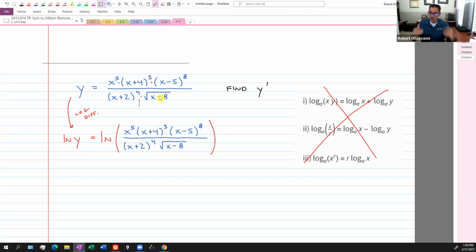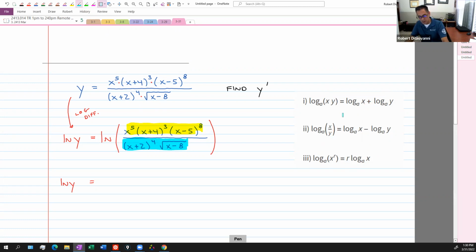Okay, so I've taken the log on both sides. All right, now what we want to do is expand this out. We're going to leave the left side as natural log y equals, and now on the right side we have a fraction inside of a log. And now I can use this, right? So I have the blue on the bottom, the yellow on the top. So I'm going to split this into two logs.